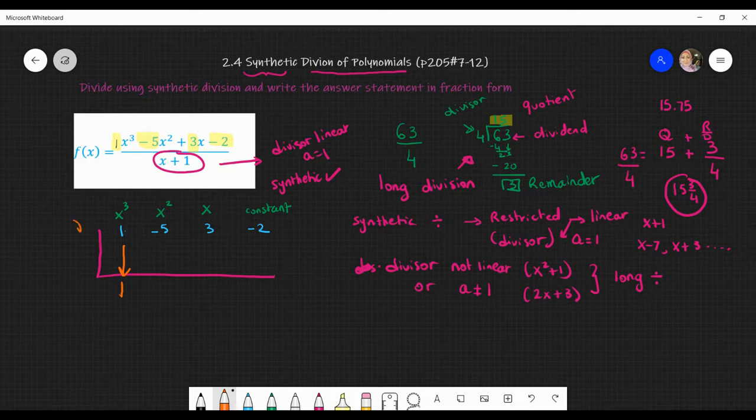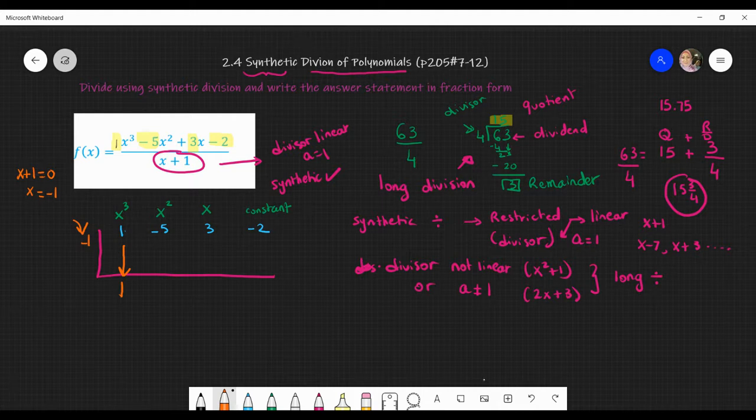I need to know what I'm dividing by. So I'm going to look at the divisor and set it equal to 0 because I'm looking for the zero of this polynomial, which is -1. And I'm going to place that -1 on the outside. So drop the first coefficient, take your divisor, set it equal to 0, and get what you're dividing by.